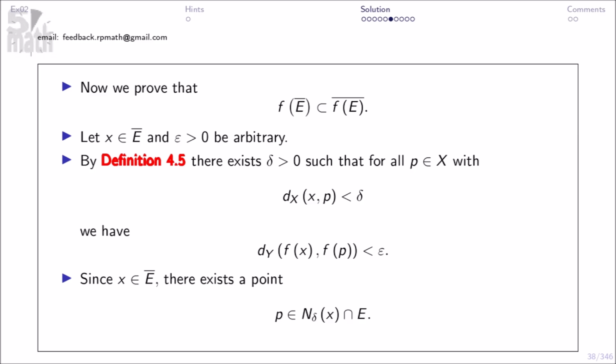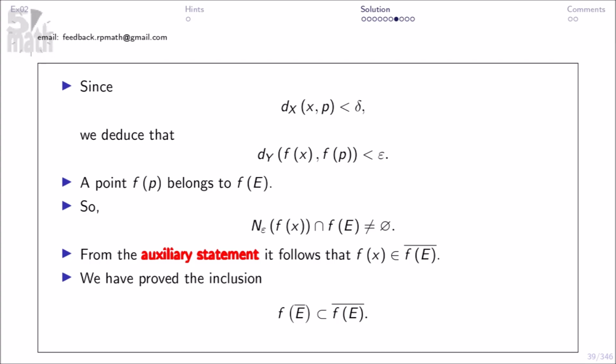Now we prove that this. Let x element of E bar and epsilon greater than 0 be arbitrary. By definition 4.5, there exists delta greater than 0 such that for all p and x with this, we have this. Since x in E bar, there exists a point here.